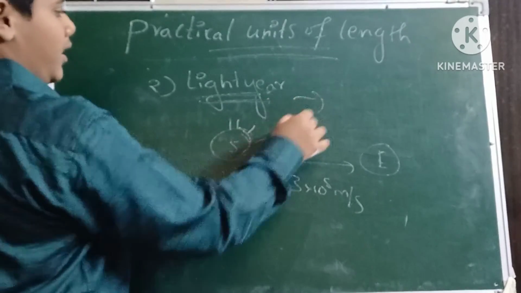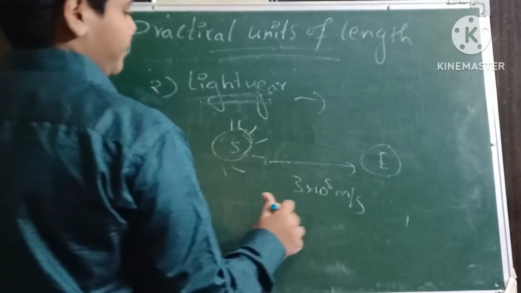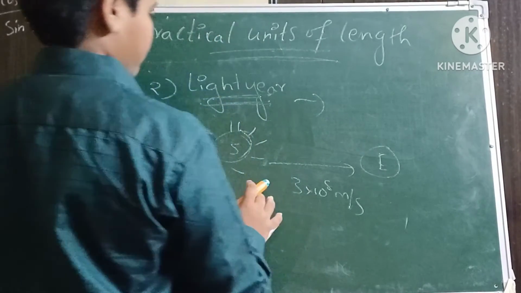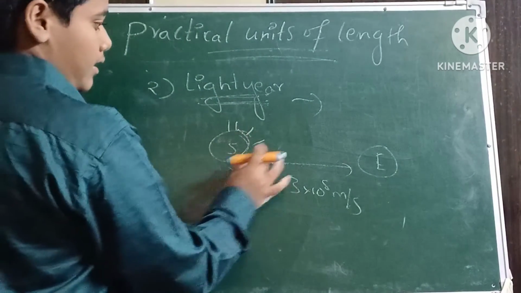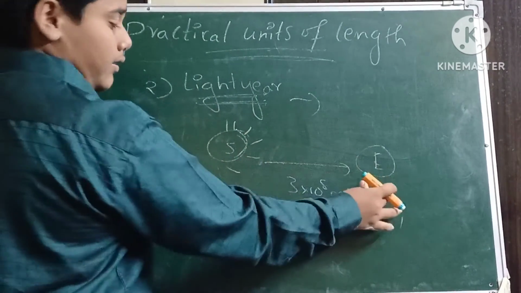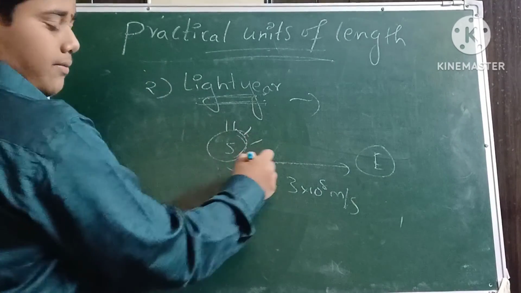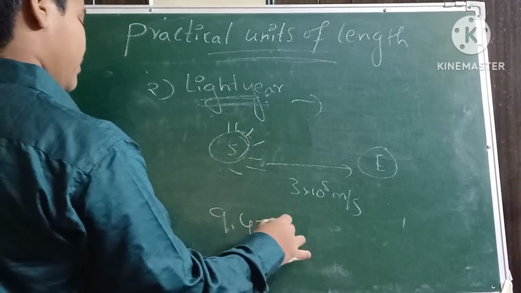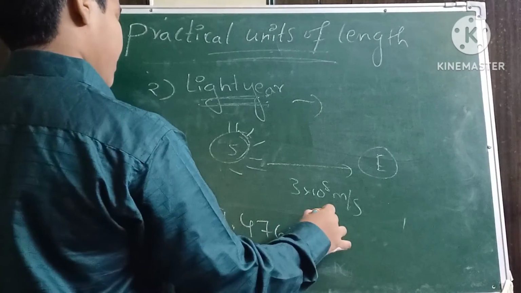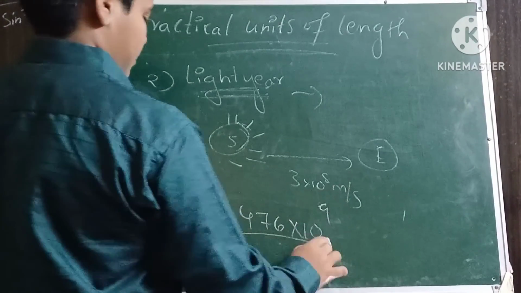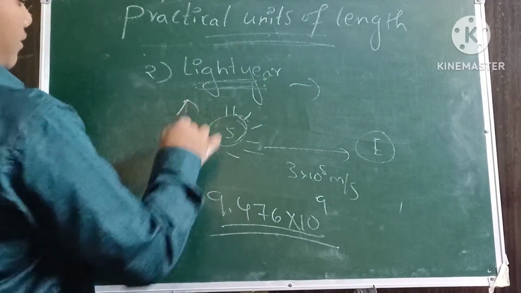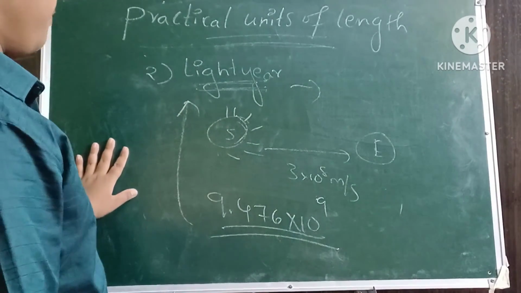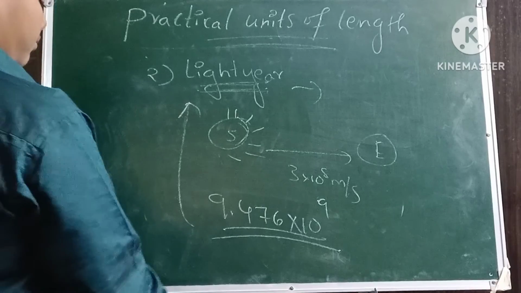Light year is nothing but the distance light travels in one year. So here 9.46 into 10 to the power of 15 meters is the light year. Okay, note down.